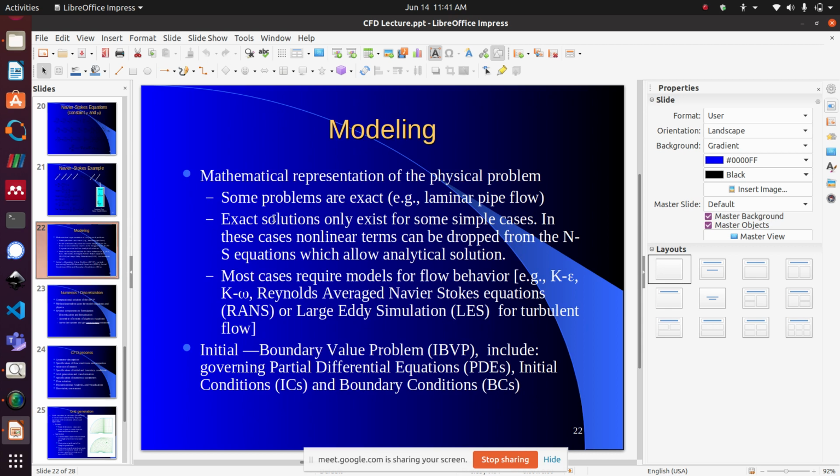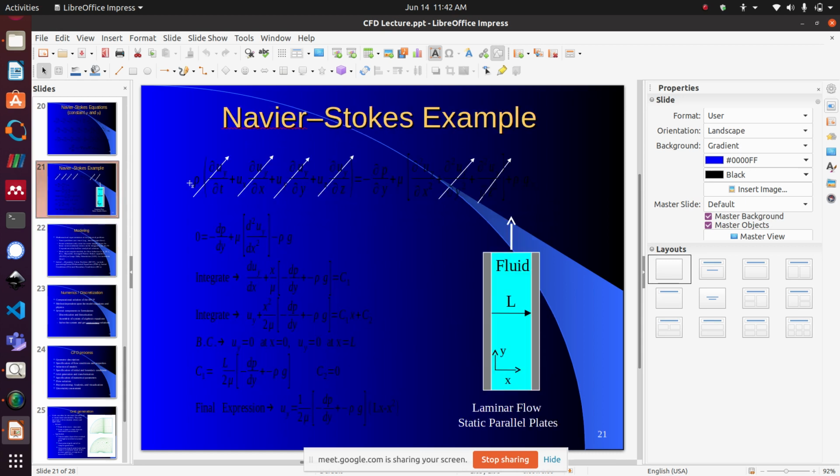So the governing equation you usually have is the Navier-Stokes equation, which cannot be solved. Very important: the Navier-Stokes equation cannot be analytically solved. In this case, many terms got cancelled because of simplification, and the final expression was a very simple one which can be analytically solved.